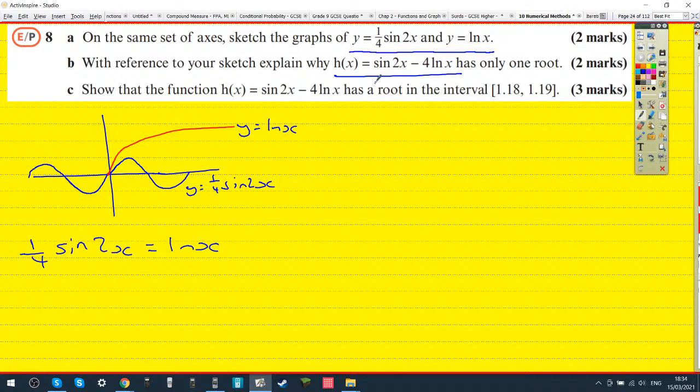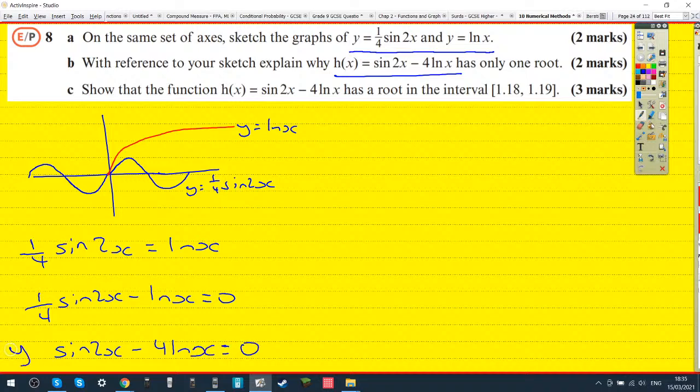We would just minus ln x from both sides, because it's a quarter sine 2x minus ln x, and then just turn that into sine 2x minus 4 ln x. Yeah, so then you would do y equals that, and its root is when y is 0.